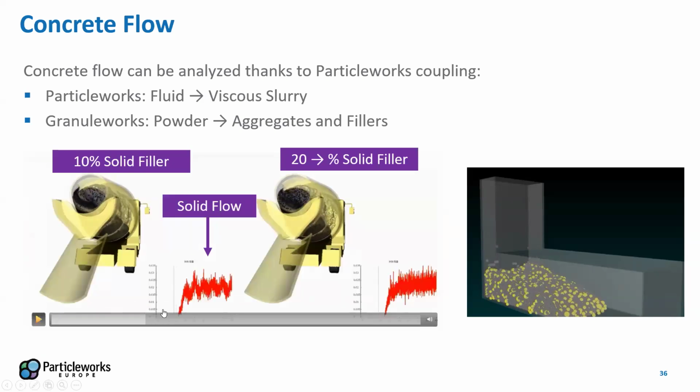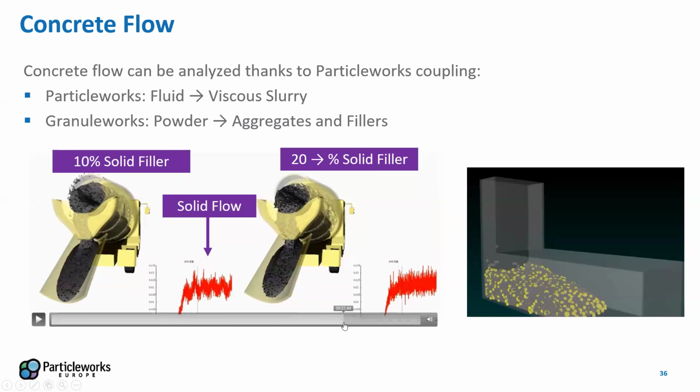So you can see in black the carbon blacks that are dispersed in concrete, and in gray, you have the cementitious matrix. And of course, depending on the percentage of solid filler, we can have different types of flow patterns and velocities.